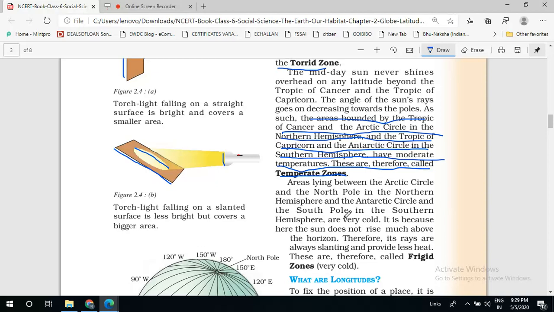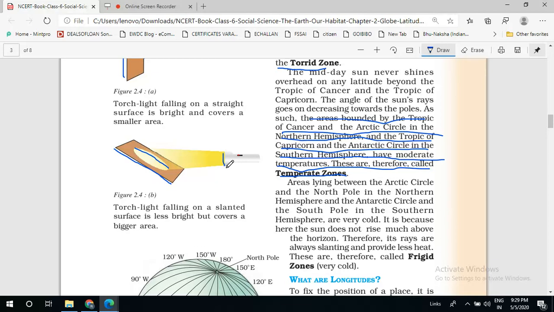Because we see that in temperate zone, the light of the sun is falling slanting. But when we move farther towards the poles, we find that the rays of the sun are becoming more slanting.